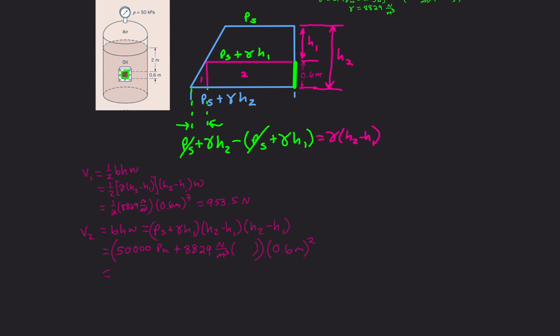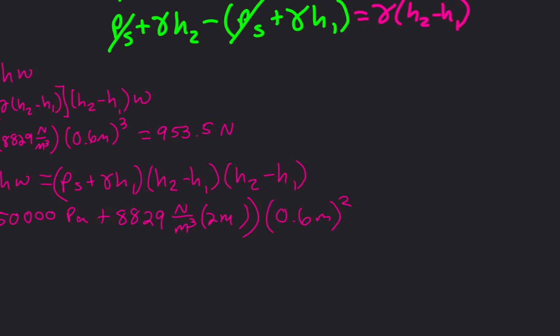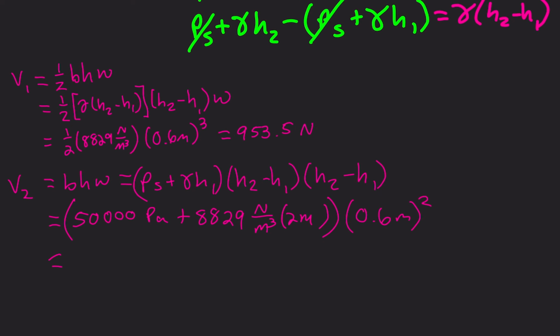Check it out. These problems can be tricky if you're not careful, okay? H1. H1 is 2 meters, okay? So this is 2 meters. And if I correct that, we get 24.356 kilonewtons.